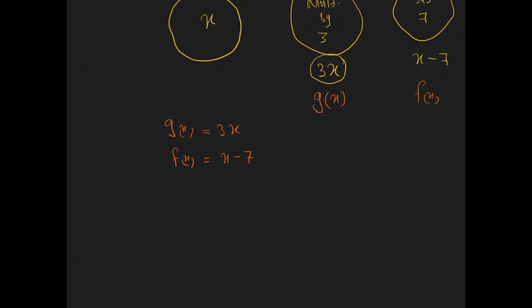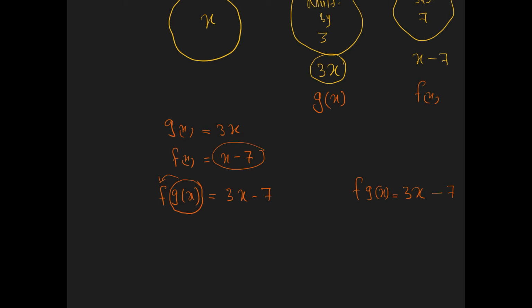Now if we combine both of these functions, we can write fg(x), which gives us the function 3x minus 7. Because here our first function is g of x, which is 3x, and when we apply f on this, f states that subtract 7. So we subtract 7, which gives us our composite function fg(x).